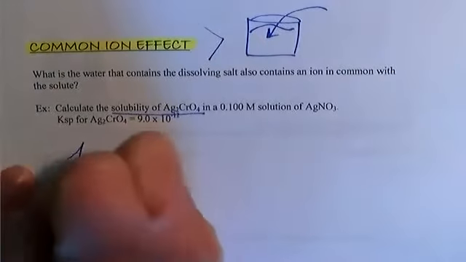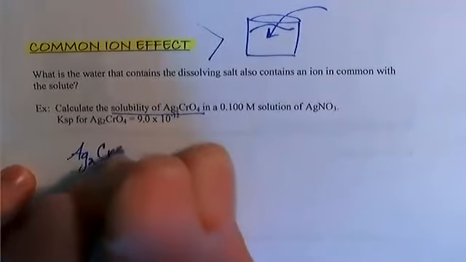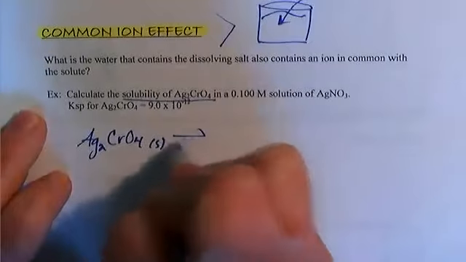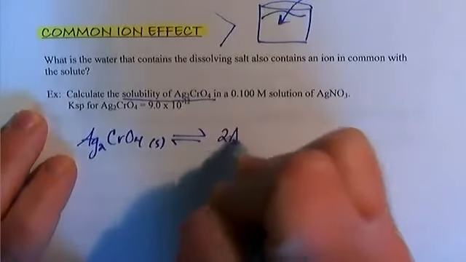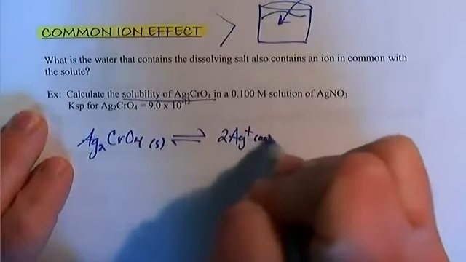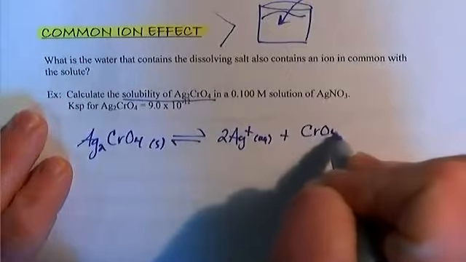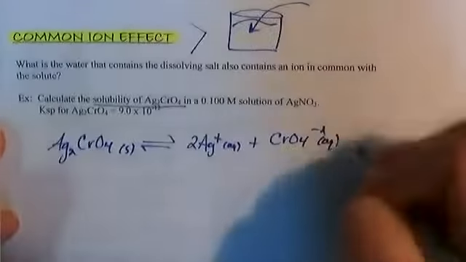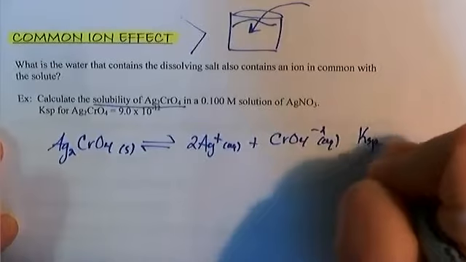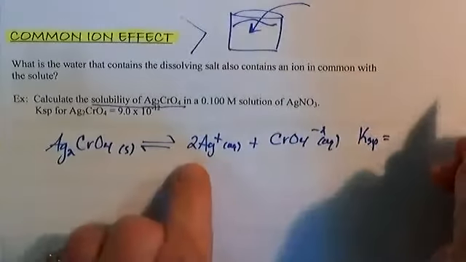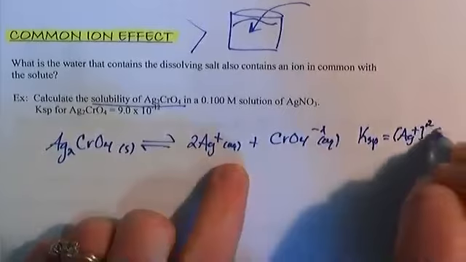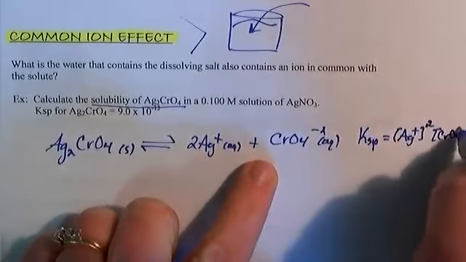Okay, so our silver chromate, always the solid on the reactant side, will be dissociating to give us 2 silver ions and 1 chromate ion. And then we understand that we can describe this with a KSP, solubility product constant, and it would be silver squared times chromate to the first.